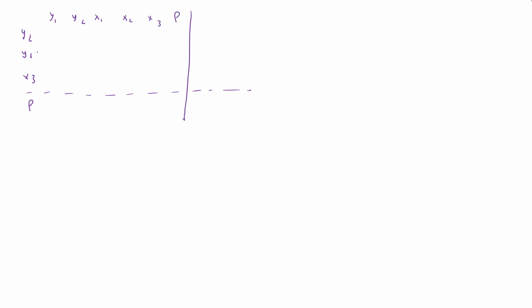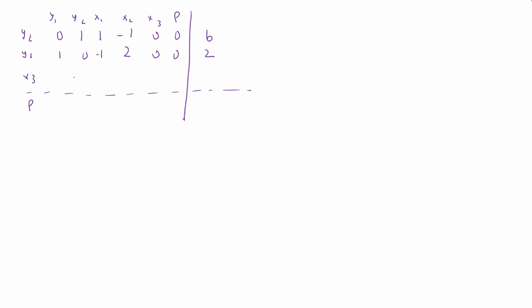And so when I do that, I have minus that row plus that row, so that's gonna give me 0, 1, 1, minus 1, 0, 0, and then 6. And then 2 times that row, so that's gonna be 1, 0, minus 1, 2, 0, 0, 2.